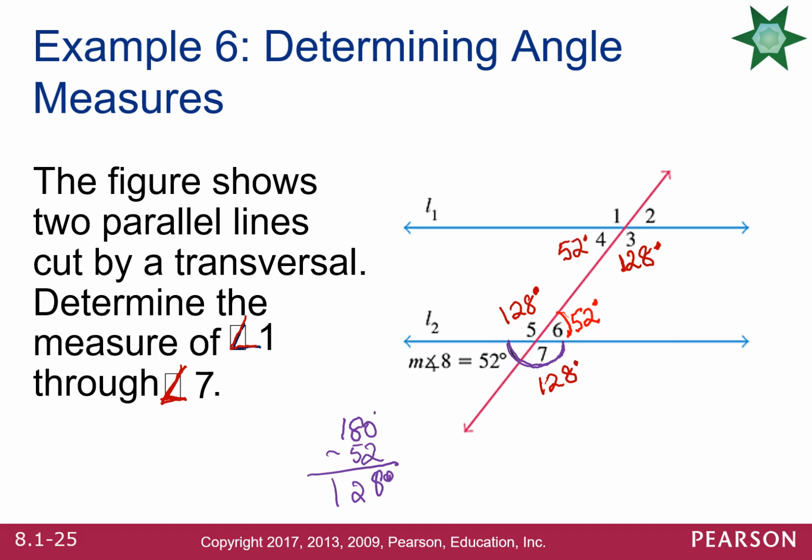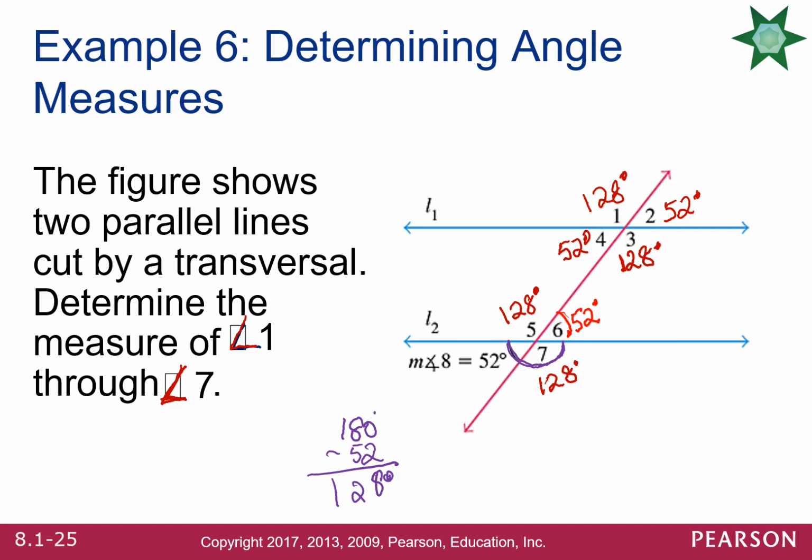And then for 1 and 2, we are going to use the rule about vertically opposite angles. So 4 and 2 are vertically opposite angles. So if 4 is 52 degrees, then 2 will also be 52 degrees. And same for 1 and 3. 3 is 128 degrees, therefore 1 will also be 128 degrees.